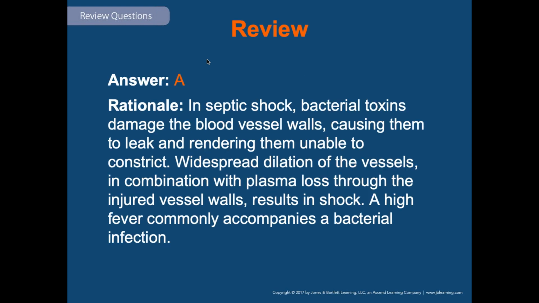All right, number 6. A 60-year-old woman presents with a blood pressure of 80/60, a pulse rate of 110, mottled skin, and a temperature of 103.9 degrees Fahrenheit. She is most likely experiencing what? A is a great answer. Septic shock. I'm glad you guys picked up on that.